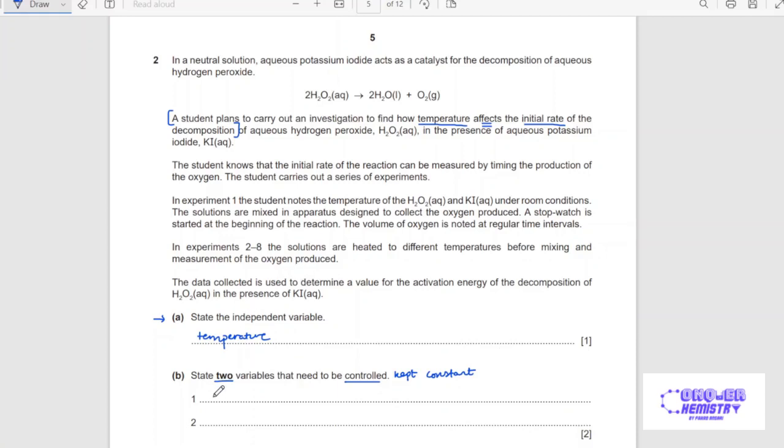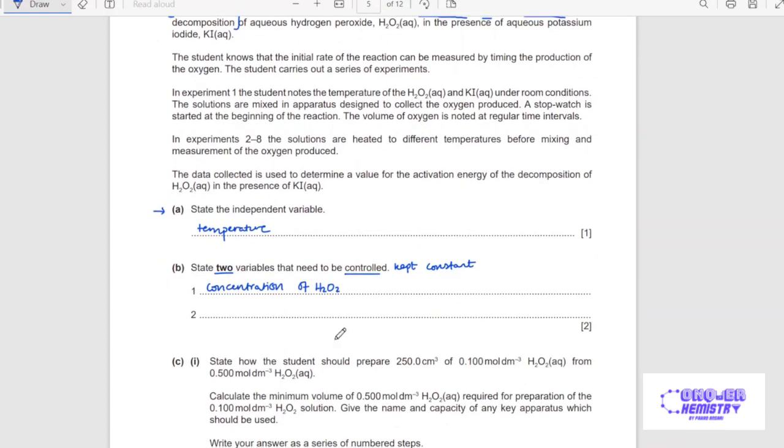So we can keep the concentration of the reactant H2O2 constant, and we can keep the concentration of the catalyst KI constant as well. Another thing that you can keep constant is the amount of the reactant and catalyst. So apart from the concentration, we could also say we can keep the volume constant. But that will become 4 variables, so it's not necessary to write all of these down.